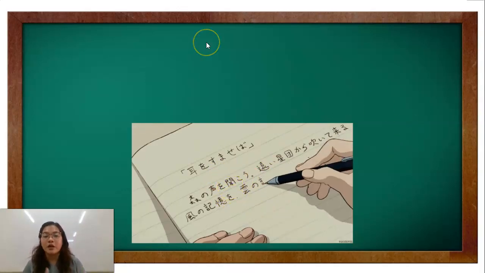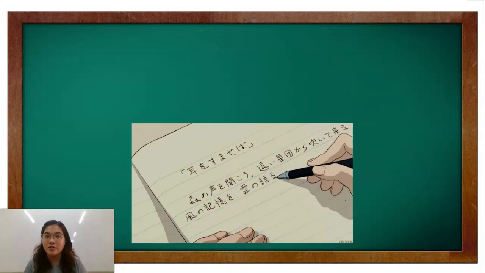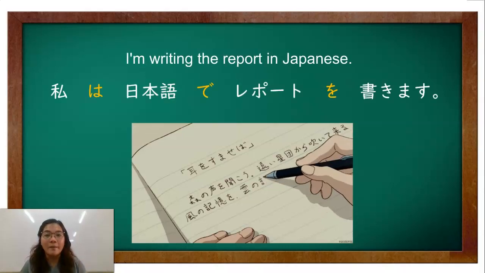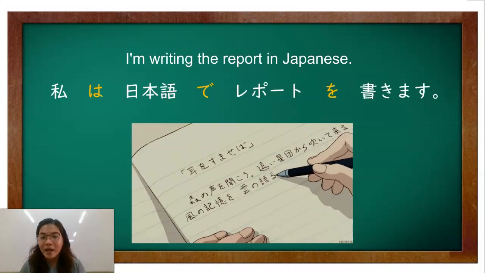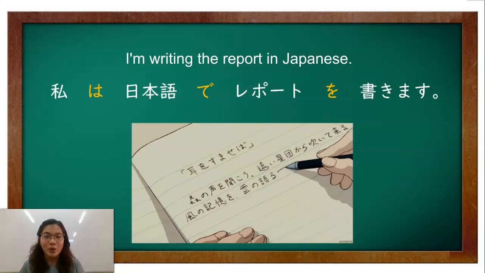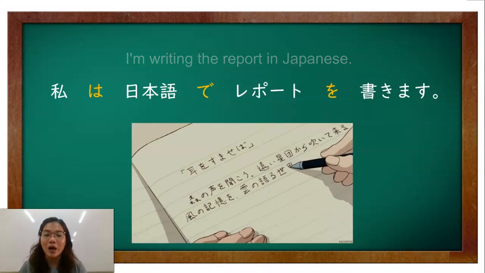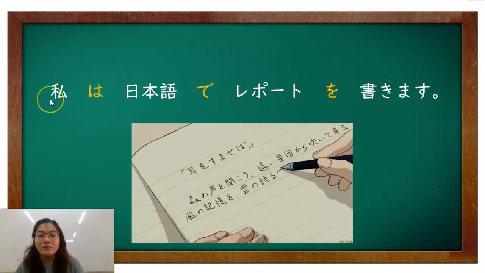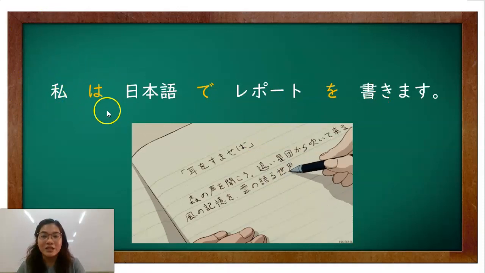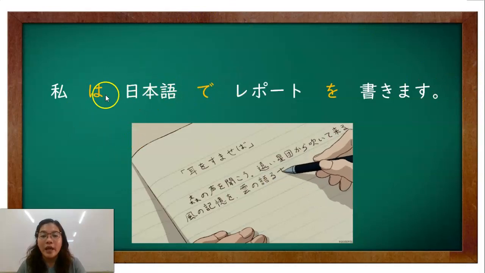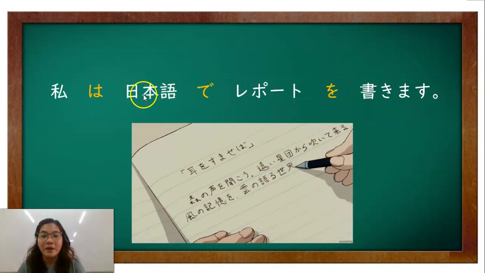Okay? Another example, as you can see, he or she is writing a report in Japanese. For example, ikaw yung nagsusulat na gamit ang Japanese language. Watashi wa Nihongo de ripoto o kakimasu. Again, watashi wa Nihongo de ripoto o kakimasu. That means, ikaw yung subject, that's watashi wa. Tapos, Nihongo de. Nihongo is Japanese.